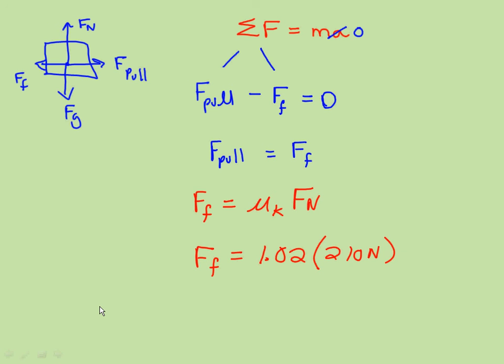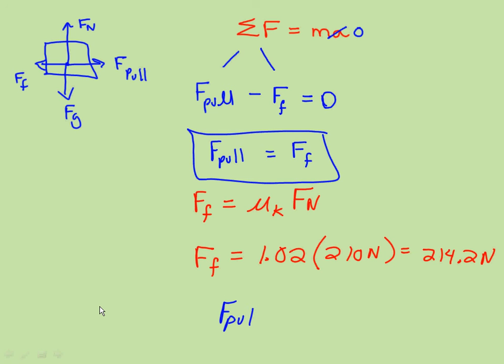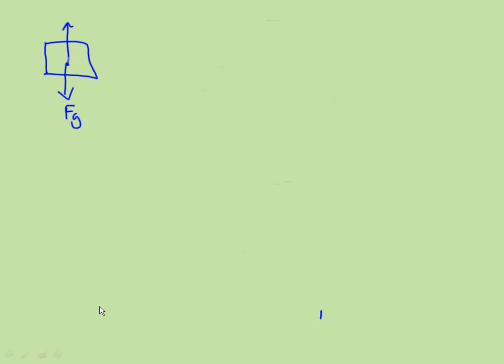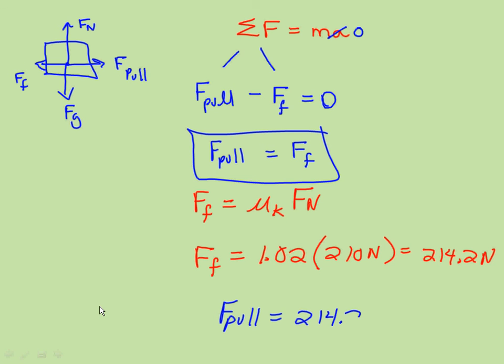Calculate that, and you have 214.2 newtons. So remember, your pull is equal to the frictional force since we're at a constant speed, so F pull is equal to 214.2 newtons. You need just enough pull to overcome friction.